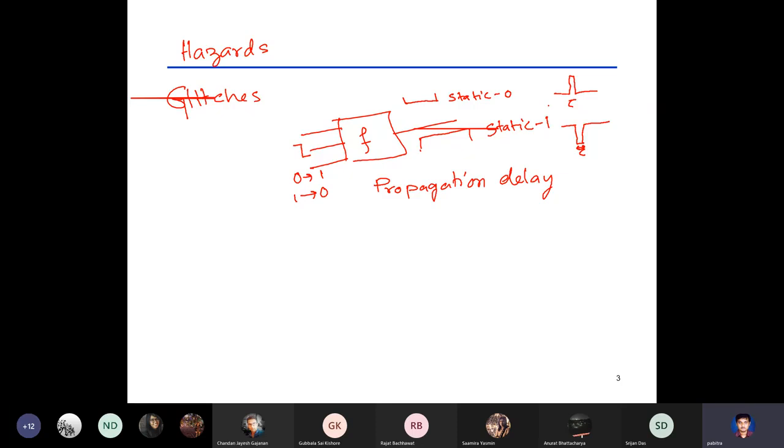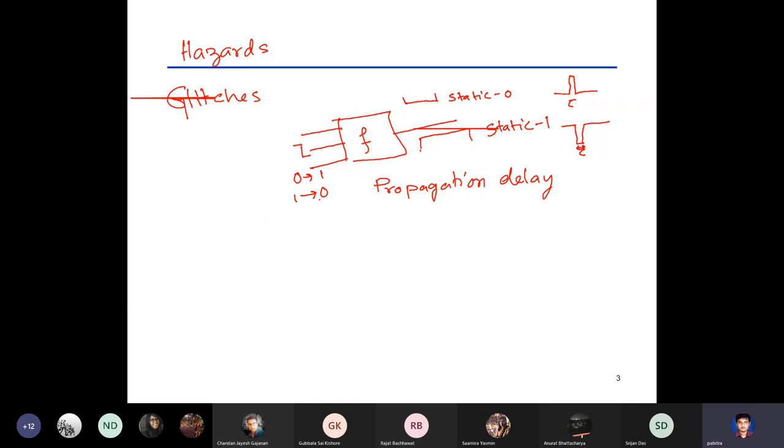Of course, in synchronous mode it may still happen if the clock width is less than this, but this tau is really small, so the clock width is usually more than that. But in asynchronous, it's a problem. So we will see the static 0 hazard and static 1 hazard. Let us see why this really happens.